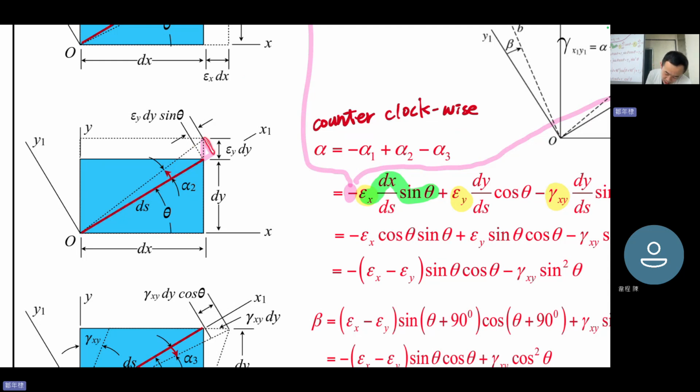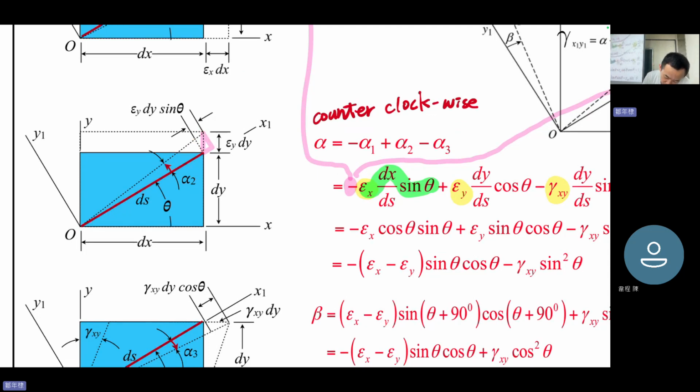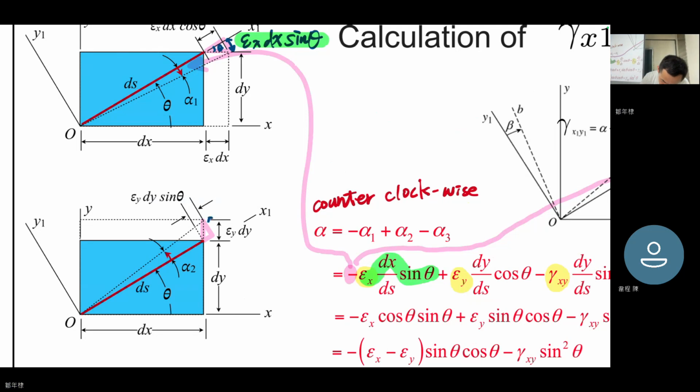Okay, so this width will be epsilon y dy cosine theta. Here, epsilon y dy cosine theta. Again, divide by ds, you can get this angle.